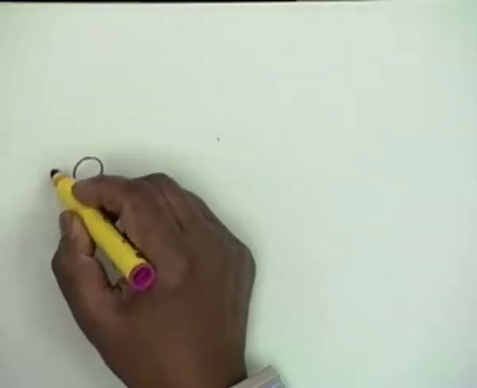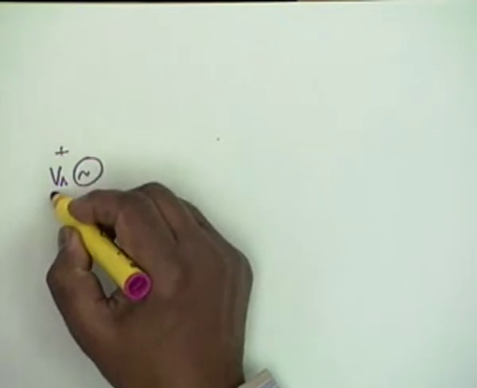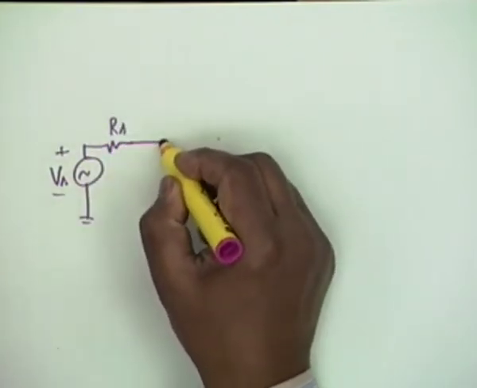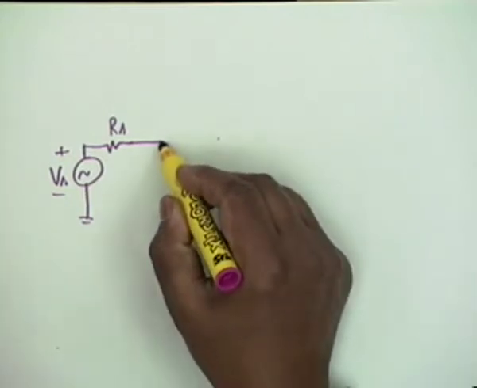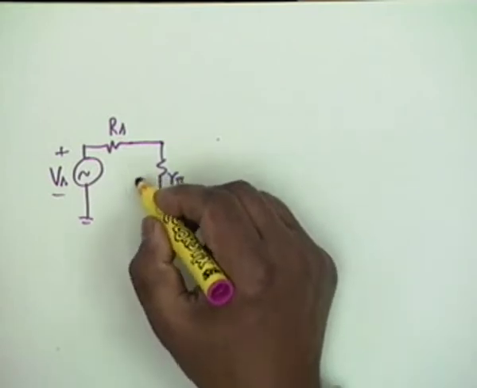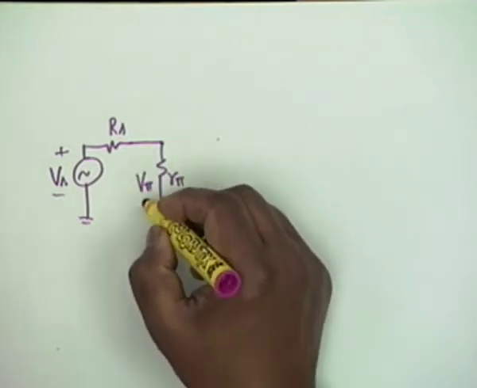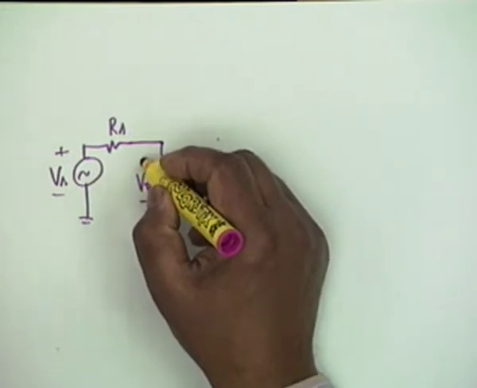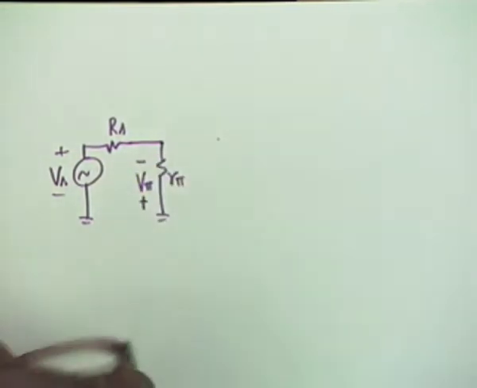Now, here one has to be careful about drawing the equivalent circuit. The equivalent circuit, if I proceed step by step, I have an RS, then from emitter to base is connected to ground, so this is R pi, and V pi would now be of this polarity, minus, plus, minus.